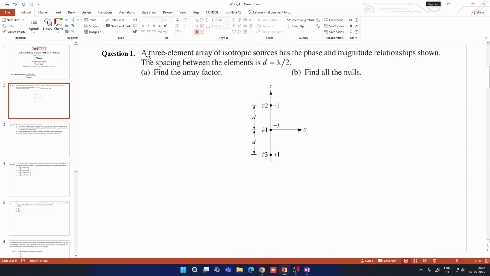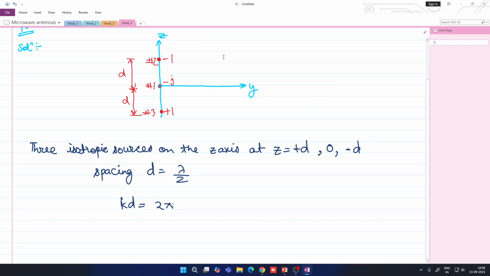Those who have just joined, I will repeat the question. We are solving question number 1. A 3-element array of isotropic sources has the phase and magnitude relationship shown in this figure. The spacing between the elements is lambda by 2, and we have to find the array factor and the nulls. These isotropic sources on the z-axis are at z equal to plus d, 0 and minus d. So kd is equal to, k is 2 pi by lambda, and d is lambda by 2, so it will be equal to pi.